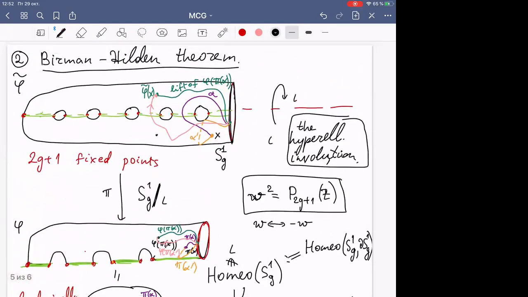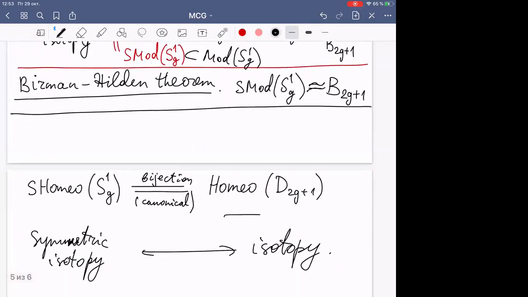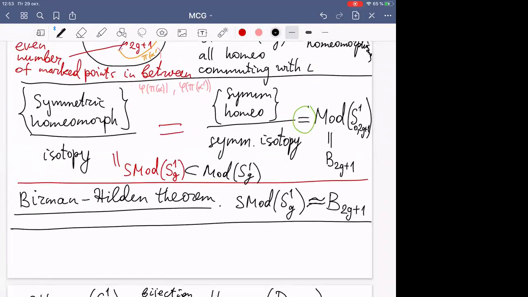Isotopy is given at any moment by a vector field which shows how points move. And if we have such a symmetric isotopy upstairs, then this is again such a vector field downstairs. So we indeed have the same for quotients. So I have explained this easy part.